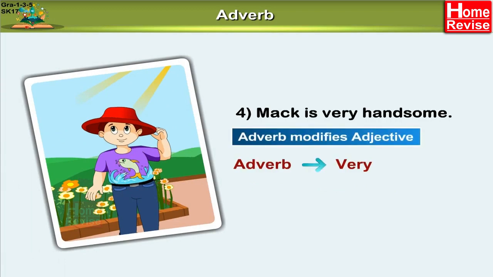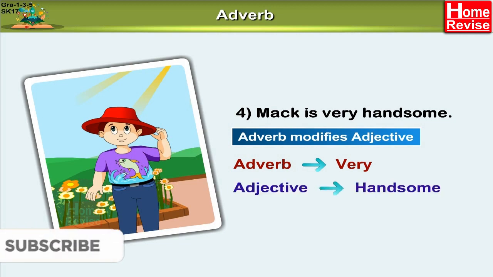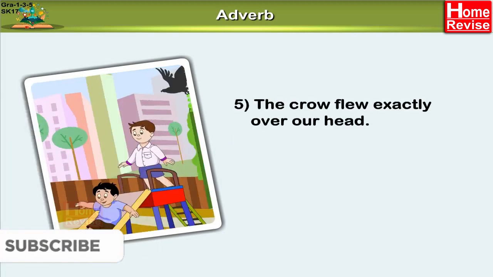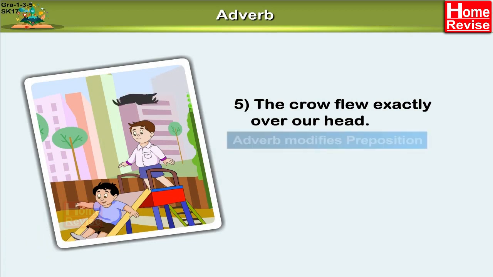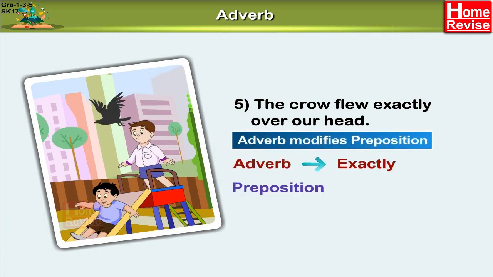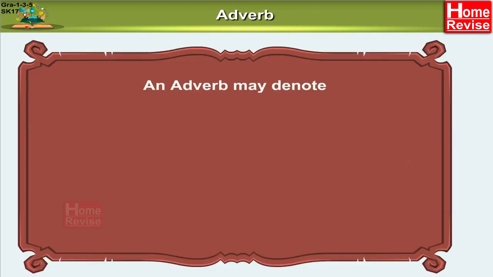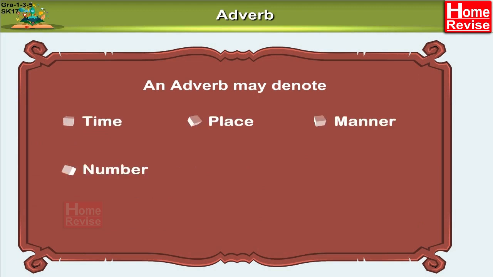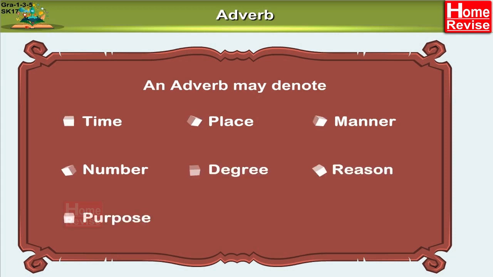Here, the adverb very modifies an adjective, handsome. The crow flew exactly over our head. Here, the adverb exactly modifies a preposition, over. Now, an adverb may denote time, place, manner, number, degree, reason, purpose, condition, and contrast.